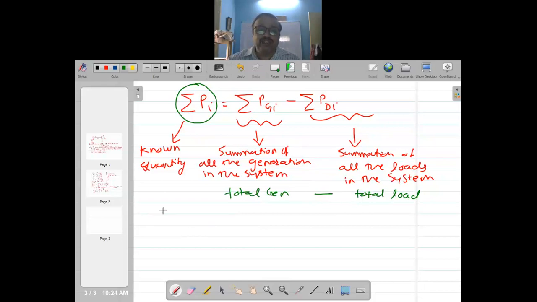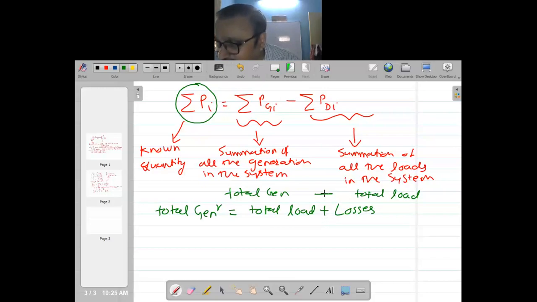So we know that the total generation must be equal to total load plus losses. Why? You should ask me the question why. The answer is this has to follow the law of conservation of energy.